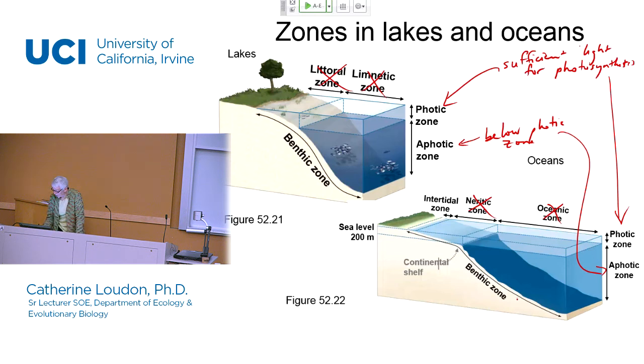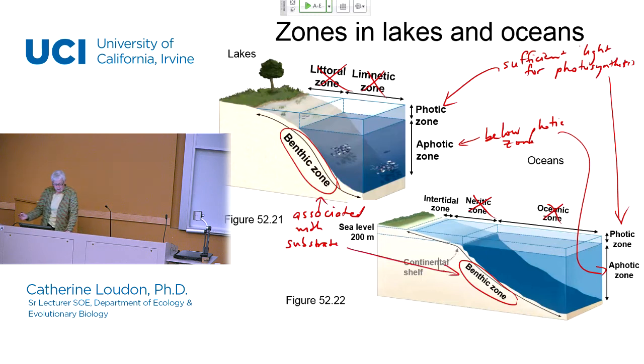The other term that I'll expect you to know is this one here, the benthic zone, and this is simply the zone associated with the surface or substrate. Same term used in oceans and lakes. So when one talks about the benthic zone, one is considering organisms that are associated with the substrate, whether it's rocky or sandy.